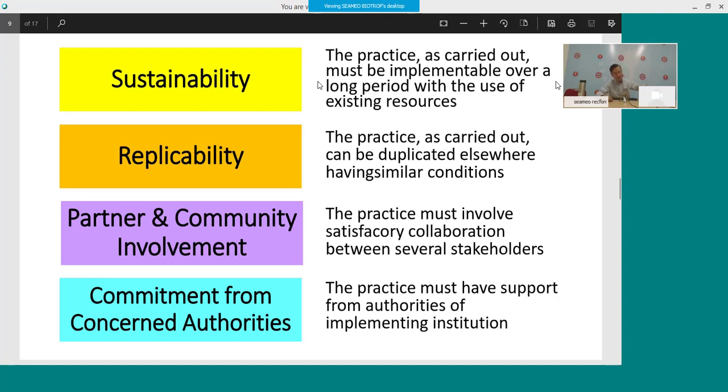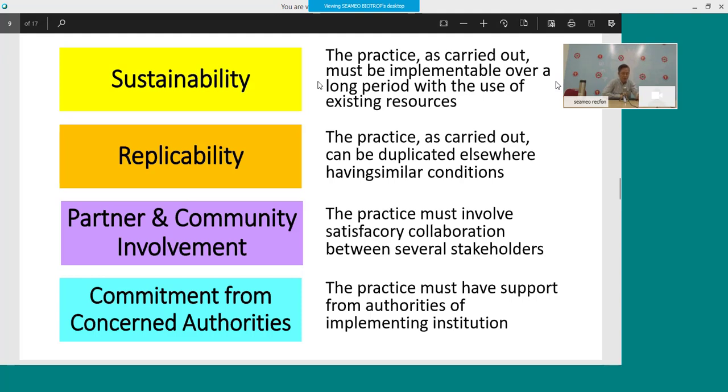Like if some schools visit your school and learn about your practice, or we can adapt the same thing, and if they adapt it and they become successful, then your practice is the best practice in terms of replicability criteria. Okay?